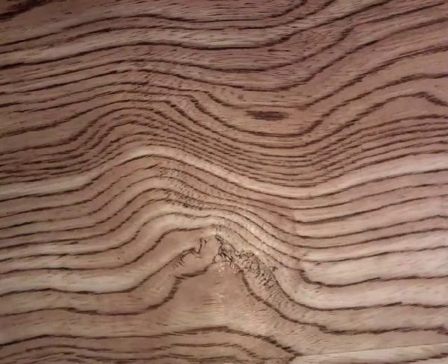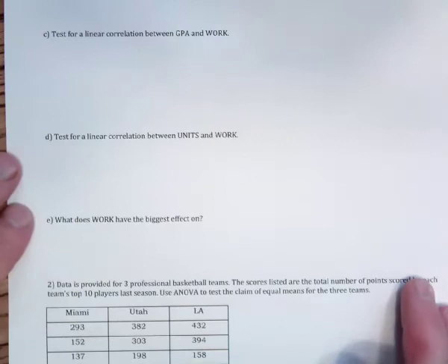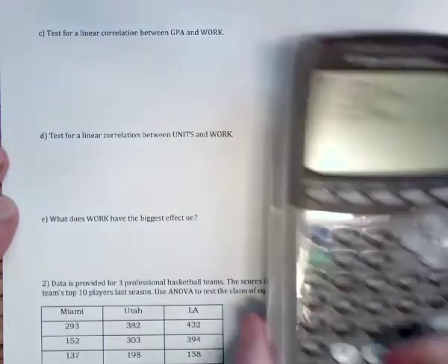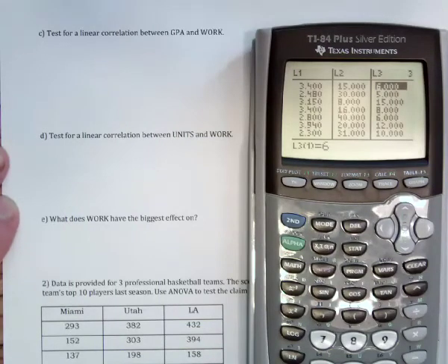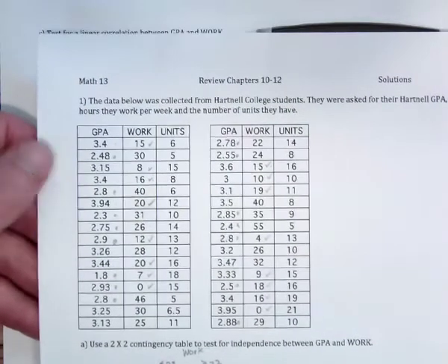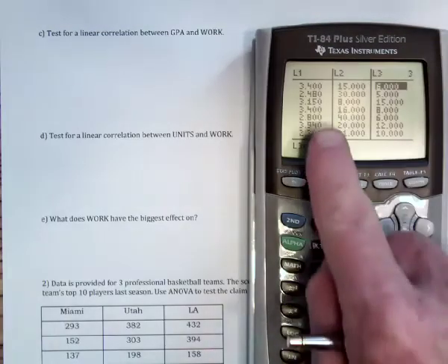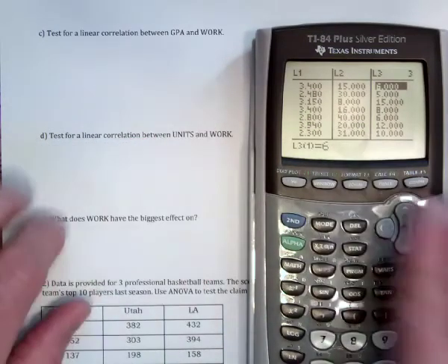Okay, on to the second page. So testing for a linear correlation. That's to see if there's a direct relationship between GPA and work. But what linear correlation does is, if you remember, column 1 is the GPA, column 2 is the work.